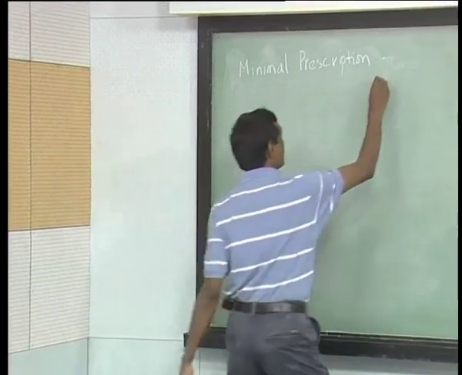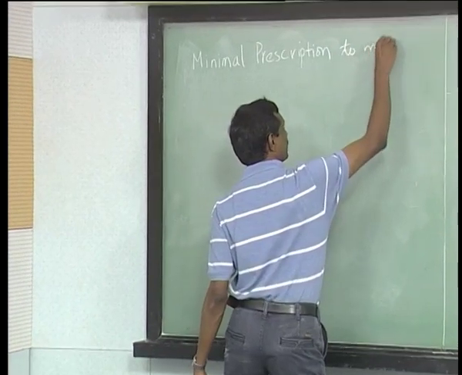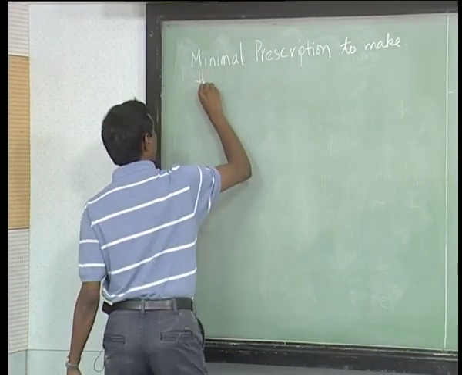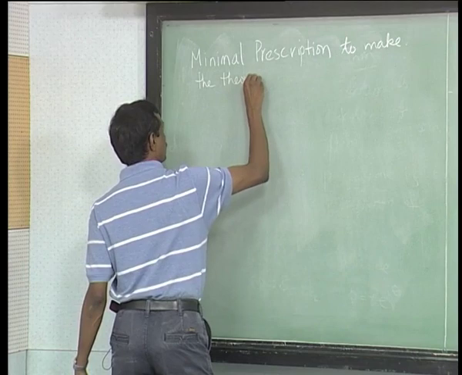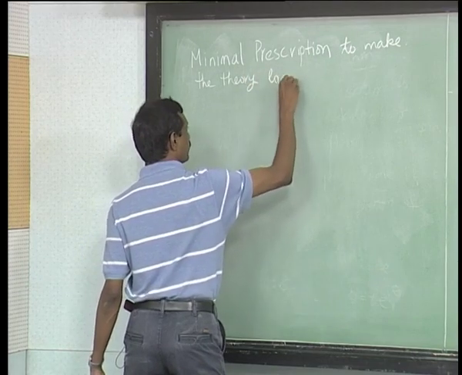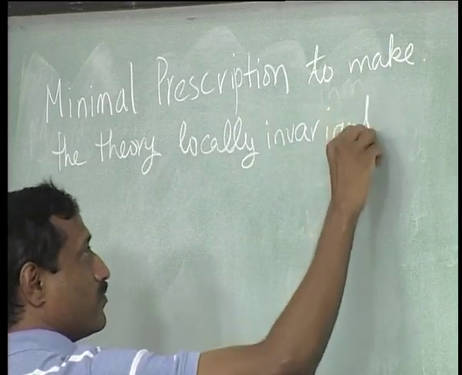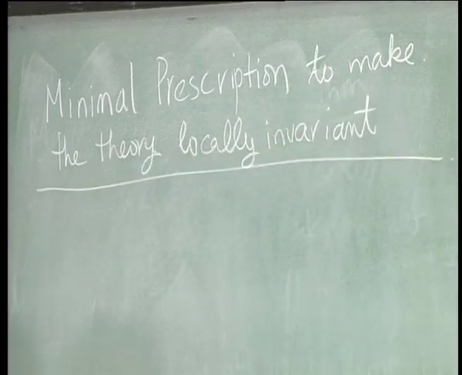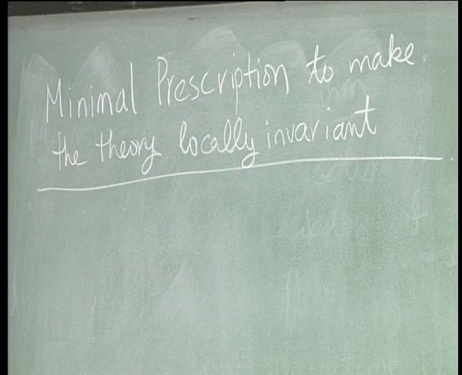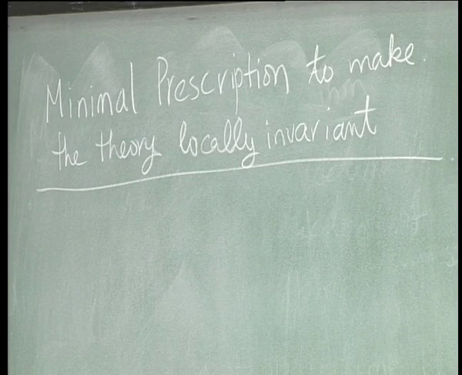So minimal prescription to make it locally invariant. Okay. So again I do not have to prove anything, I just have to tell you the prescription, and you can go and check that it is invariant under local transformations. Okay. And the prescription is very simple.